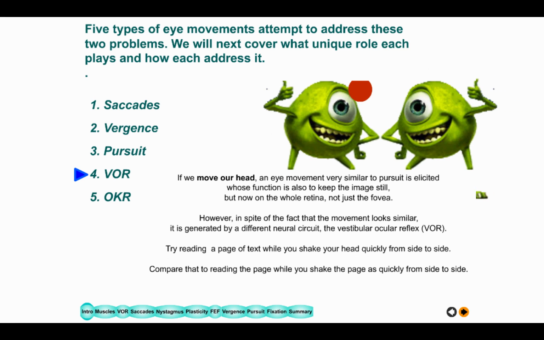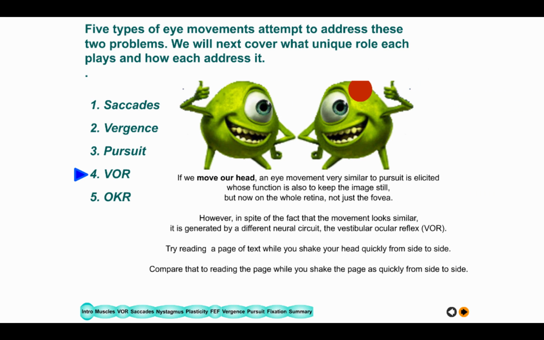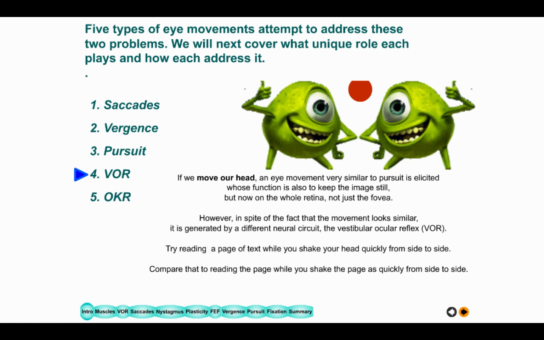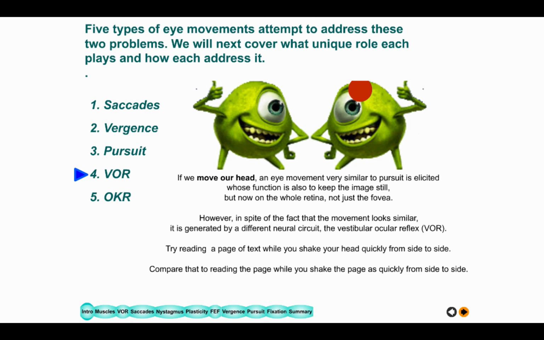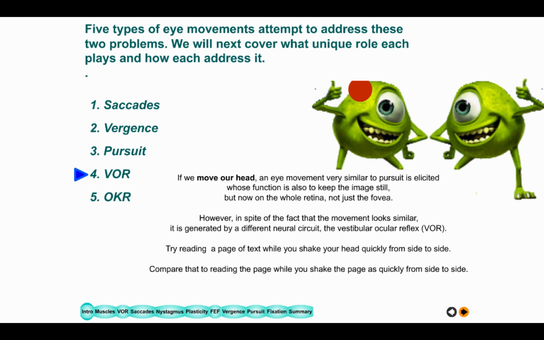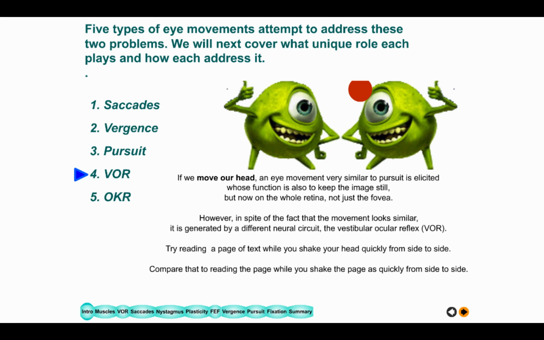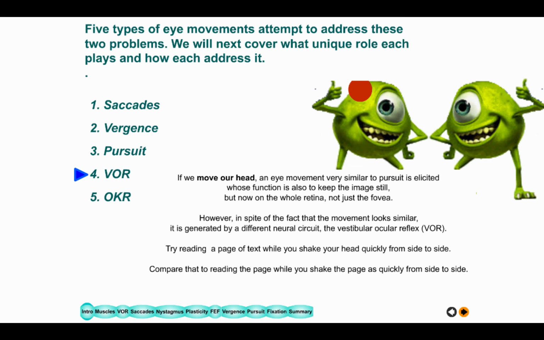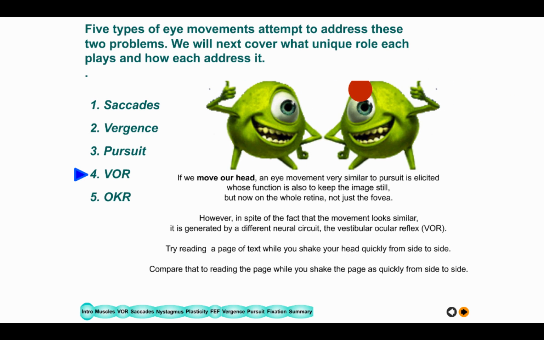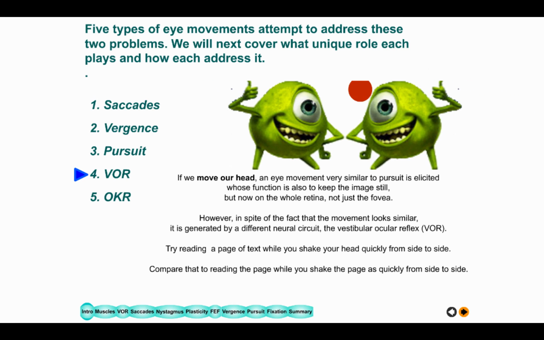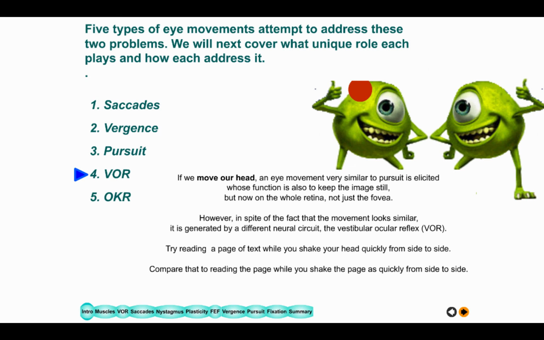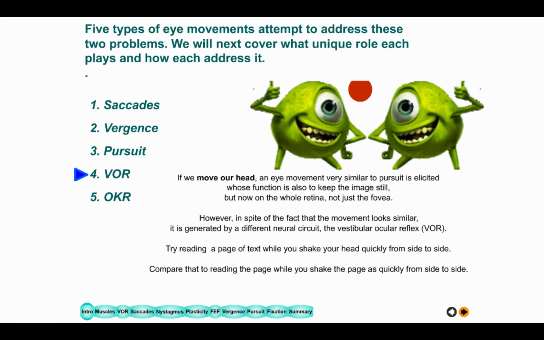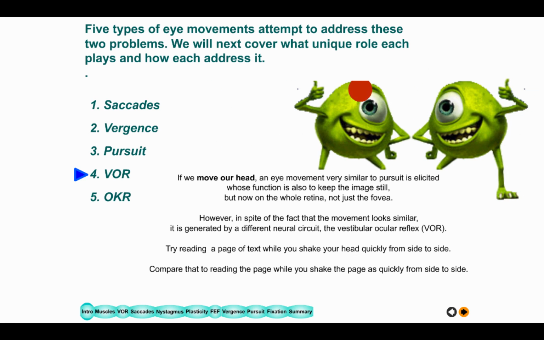To prove to yourself that it isn't the same part of the brain that's driving both, you can take a piece of paper, which would be best, or a finger, and look at it while you do this again. Rotate your head back and forth, faster and faster, and see that the details of your finger are still sharp.